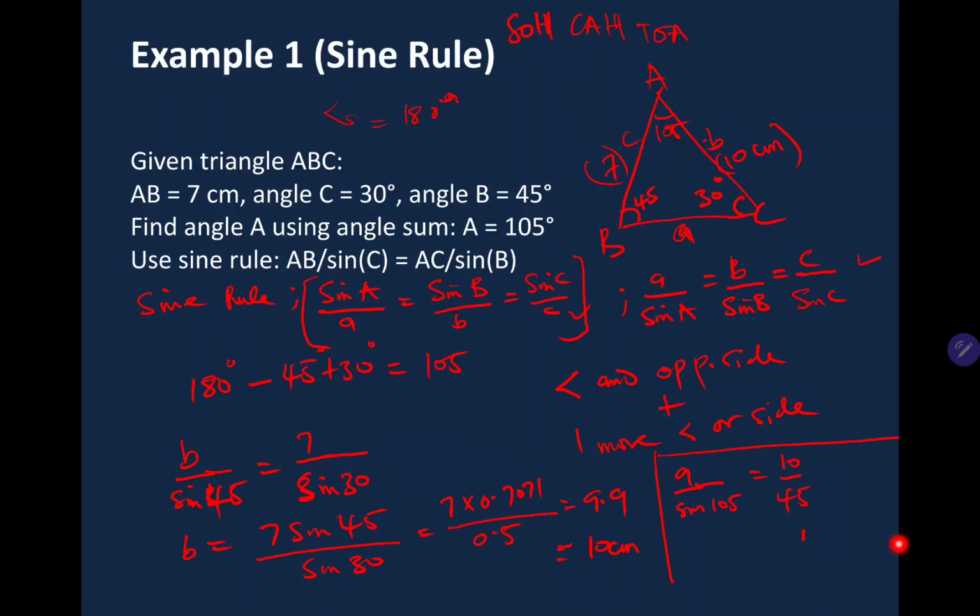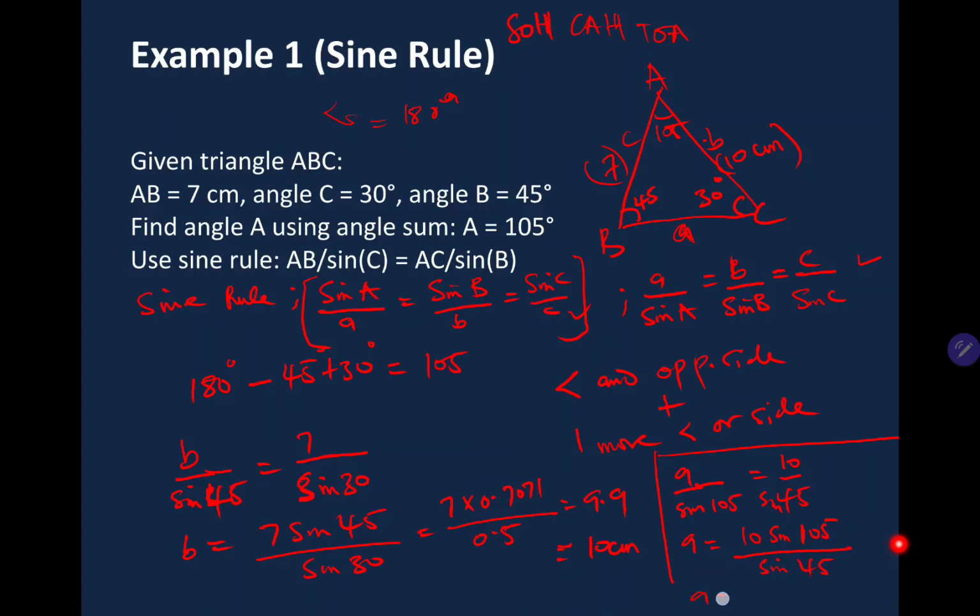We do the same like we did earlier. We cross multiply. So A will be equal to 10 sine 105 over sine 45.